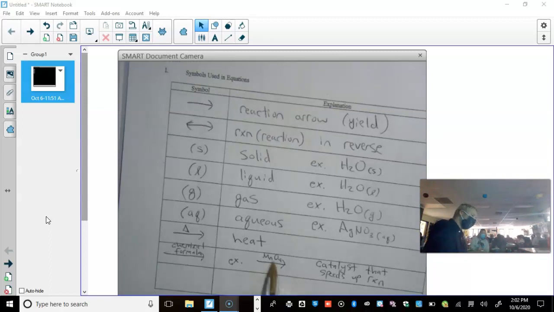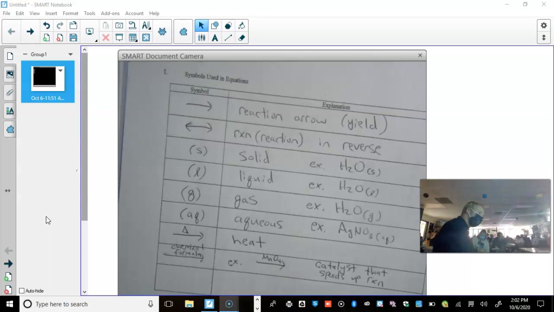So does MnO4 factor, does it turn into a product, react with the reactants? No. It's a cheerleader. It allows the reaction to happen faster. So, kind of like our cheerleading team allows our football team to do better. Although they're all quarantined, so that might not happen.